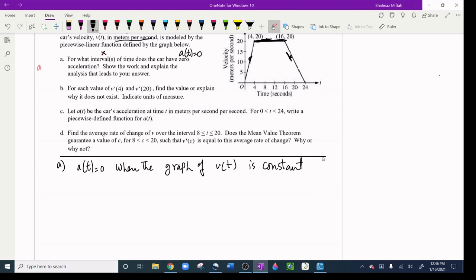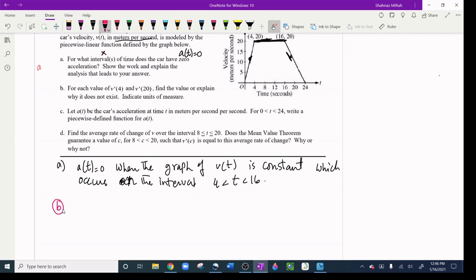So it's constant, which occurs on the interval 4 to 16. So that's my part A.